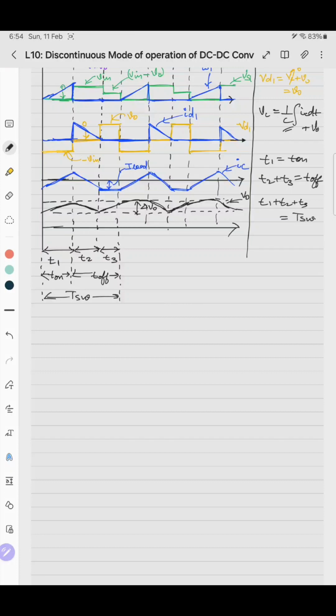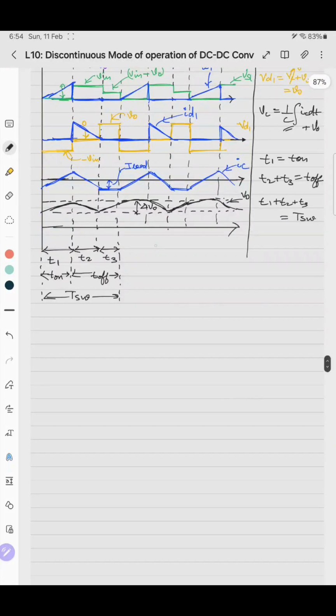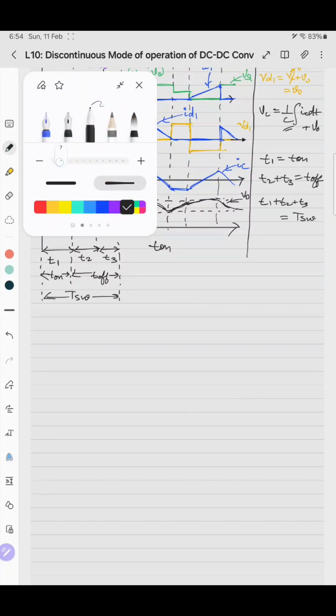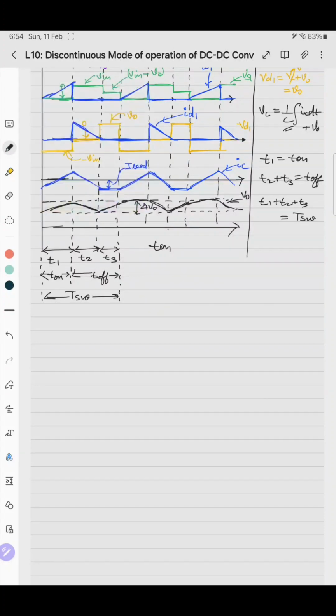So let's define T on as capital D into T switching. T off, which was our previous assumption, is 1 minus D into T switching.